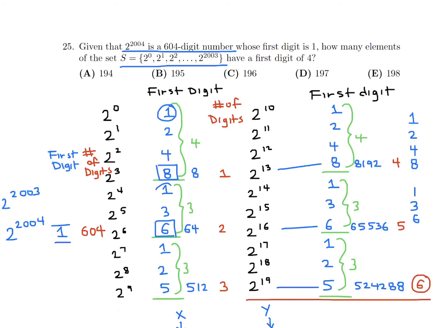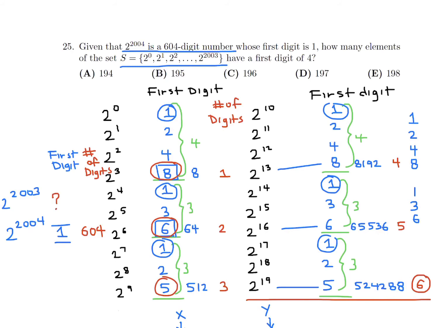You notice the start of any subset is always 1. Did you notice that right there? So 2 to the power of 2003 is 1 before it. So if it's 1 before it, its first digit could be 8, its first digit could be 6, its first digit could be 5, right?